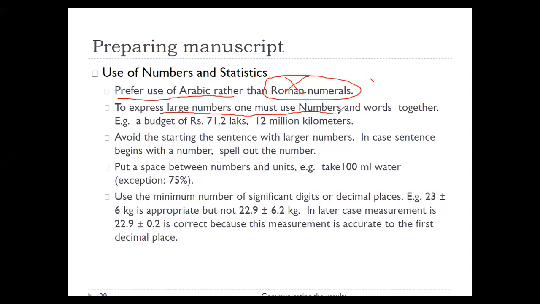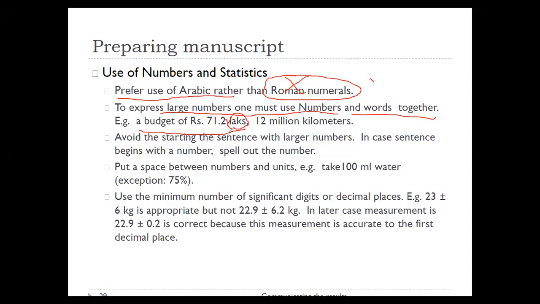one must use the numbers. If it is a very big number, one must use numbers and words together. If the numbers are very big, for example, the budget is 71.2 lakh, then you should use the 71.2 and lakhs together, right?